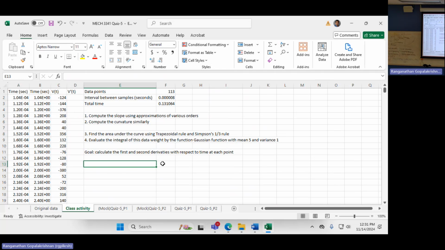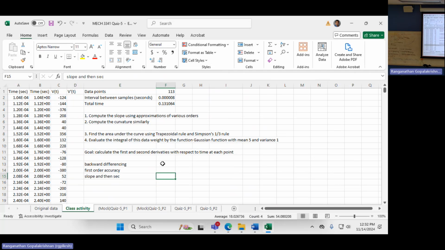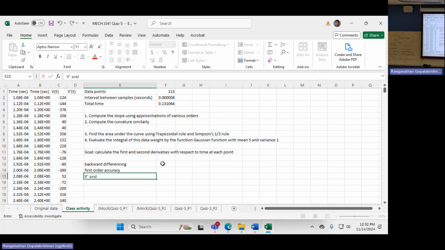We'll start with backward differencing, first order accuracy for slope, and then second derivative, or I'll call these v dashed and v double dashed.